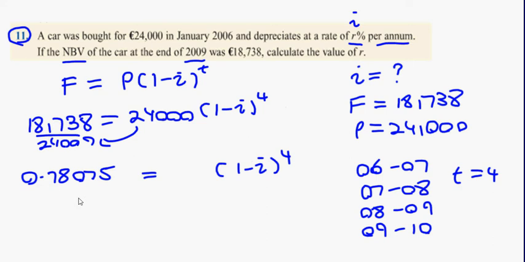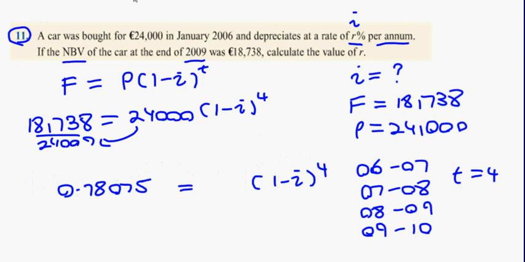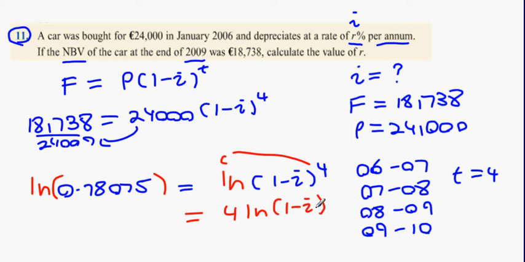Now, we have to do it to both sides here. We're going to ln both sides. So ln this and ln this. And we're going to bring the 4 to the front, so we're going to get 4 ln 1 minus I. That's going to equal ln 0.78075. So now we're going to divide by 4.